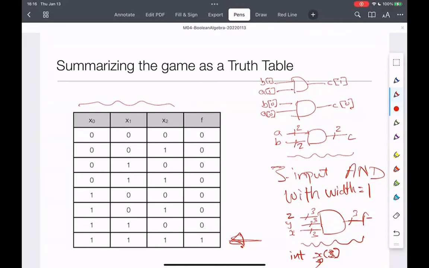And we are doing an item-wise ANDing of entries in 3 arrays, X, Y, and Z. Sometimes people call it a bit vector. So X, Y, Z are bit vectors of length 3, and I'm doing an AND operation on those vectors. Any questions on this?